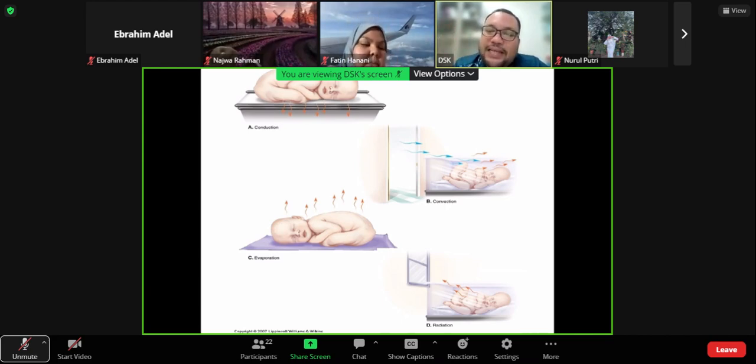If we calculate BSA, adult is sometimes 0.7, 0.8, sometimes 1 meter squared. Body surface area has a formula. Adult has higher body surface area as compared to newborn, compared to babies.